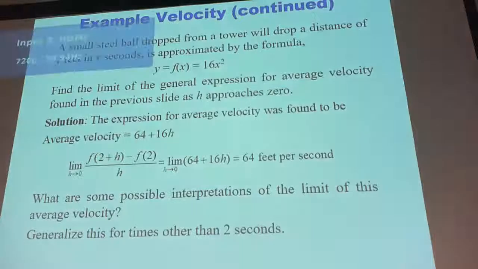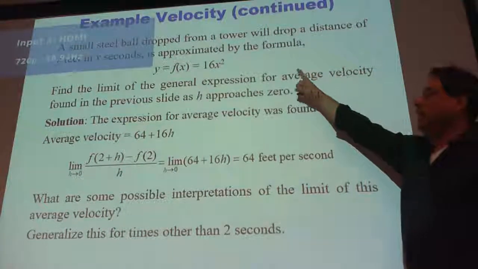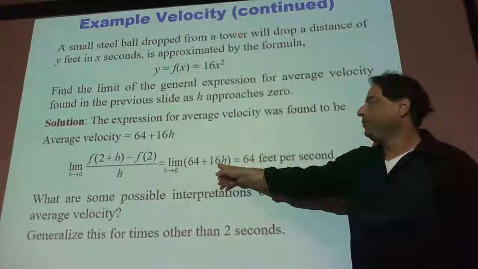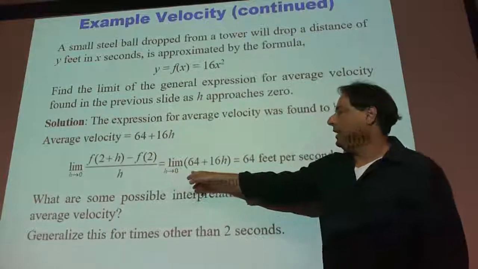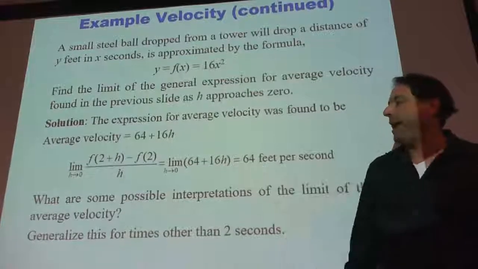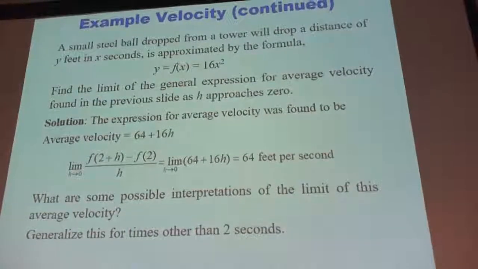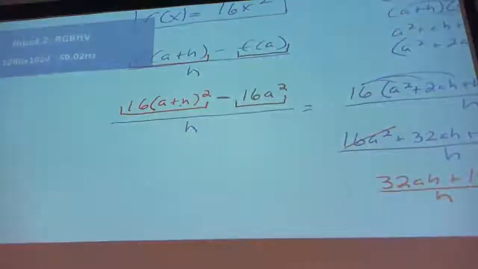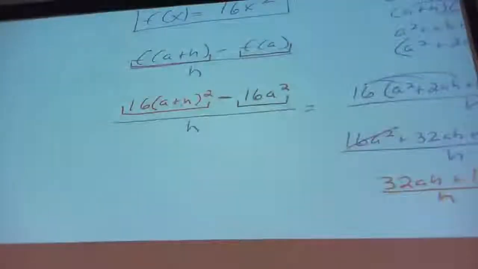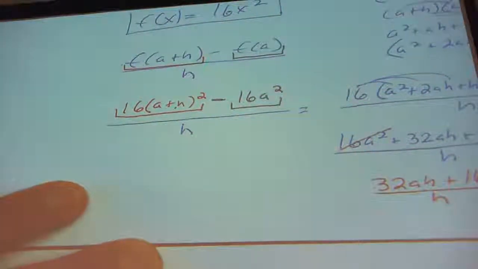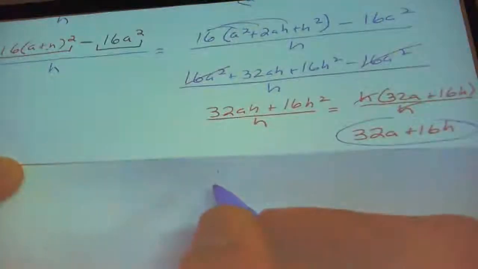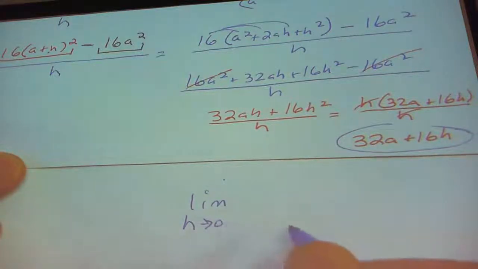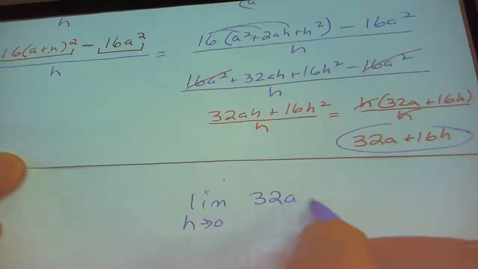You saw how I got 64 plus 16h. Then we're going to plug 0 in for h and see what happens. So this becomes the limit as h approaches 0 of 32a plus 16h.